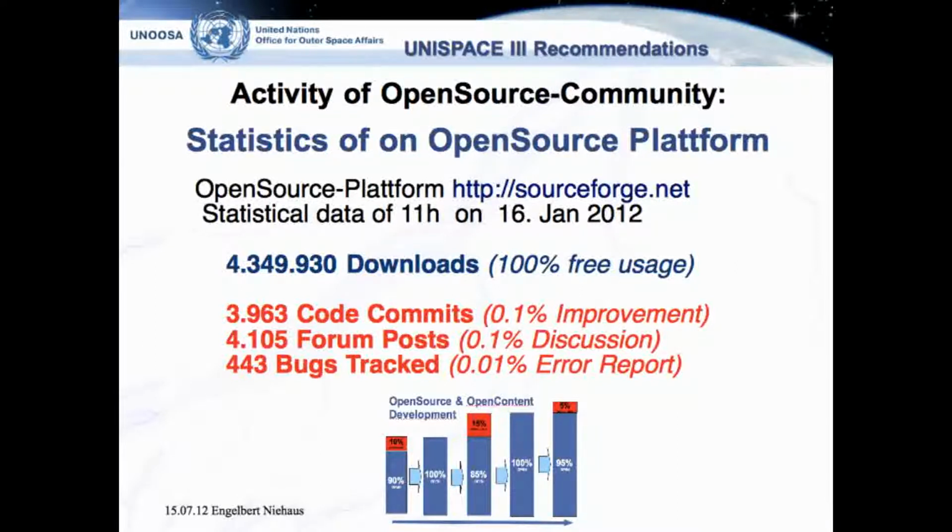So summarizing, there's only a minor percentage of workload which has to be provided by the community to improve and bug track the software, and the major part is just using the software as it is for the purpose it's designed for.